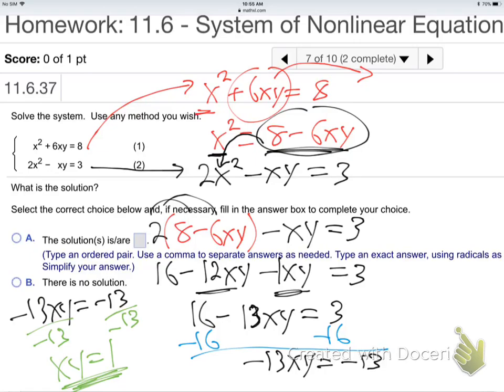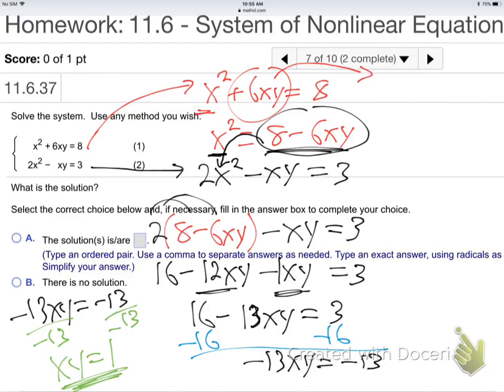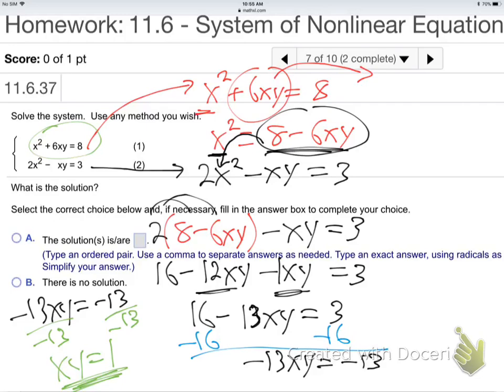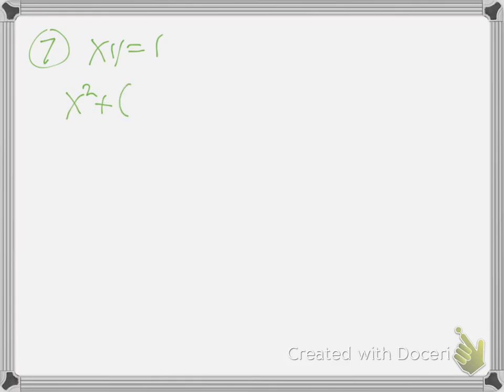All right, and what number is this? Number 7. So keep going here on number 7, and we got xy is 1. I'm going to plug into the first equation. It doesn't matter, first equation, second equation, it doesn't matter at all. So x squared plus 6xy equals 8. Plug in xy is 1, so xy will be replaced with what I now know it equals.